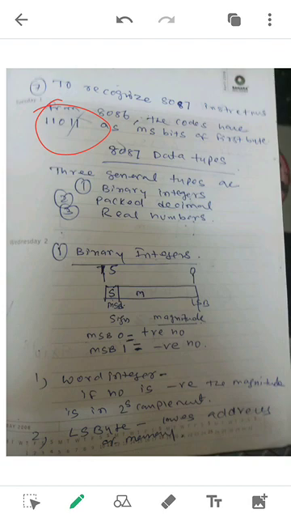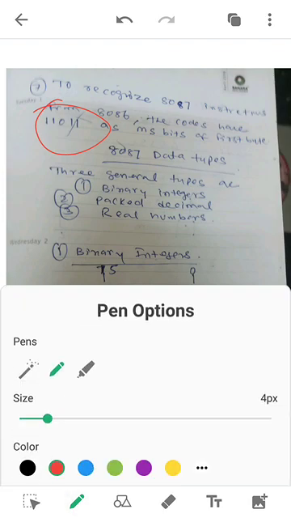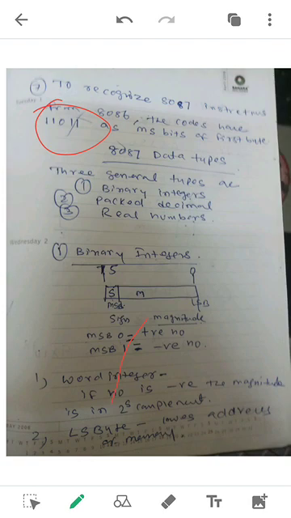So let us see the word integer. This is the figure. You can see here this figure. So 0 to 15 is the range for the binary integers.